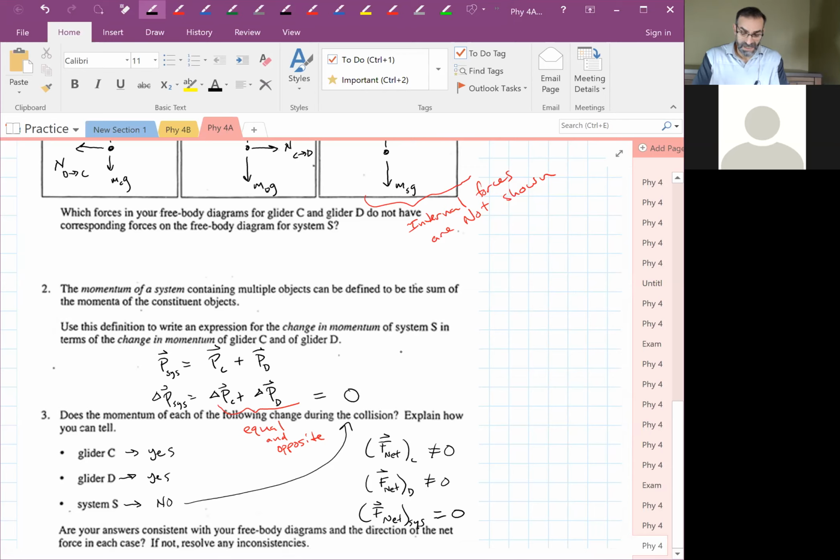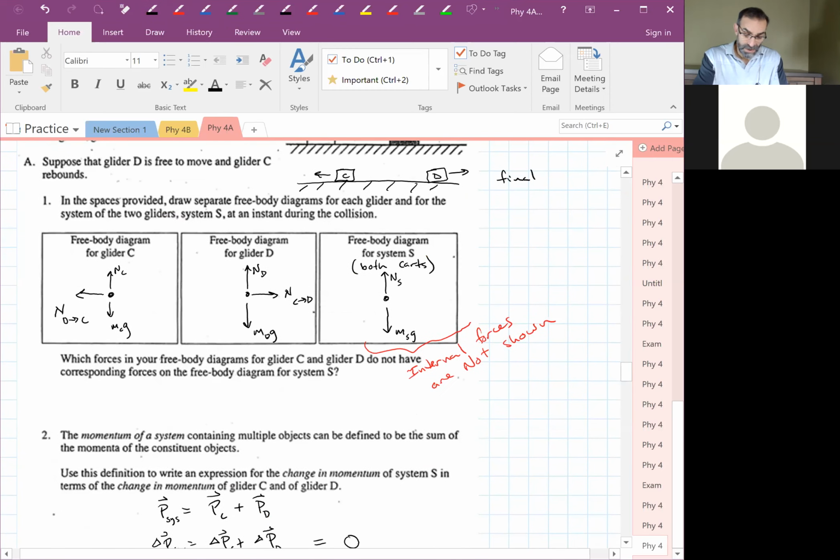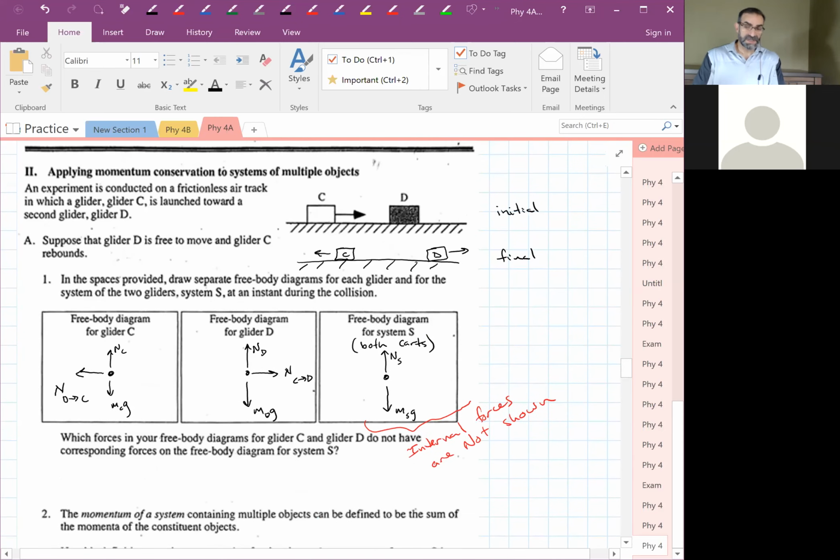In the previous case or in our new case here, with the pin in it or not? In this case, there's no net force on the system because it's a frictionless track and nothing's holding those blocks in place. The only horizontal forces are within the system, C to D, D to C.